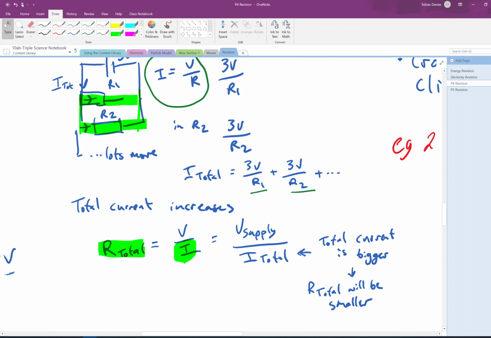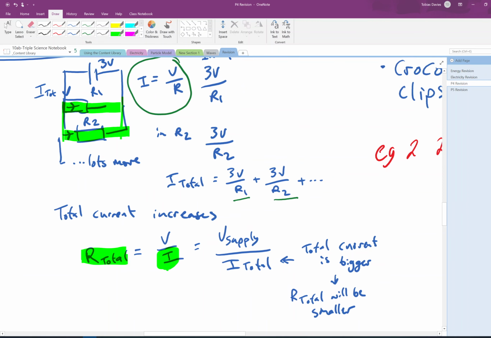So the total resistance is smaller than the resistance of each individual resistor. So that's one of the parallel rules if you're doing triple, that your total resistance, if you've got parallel resistors, is less than if you look at the individual resistors.